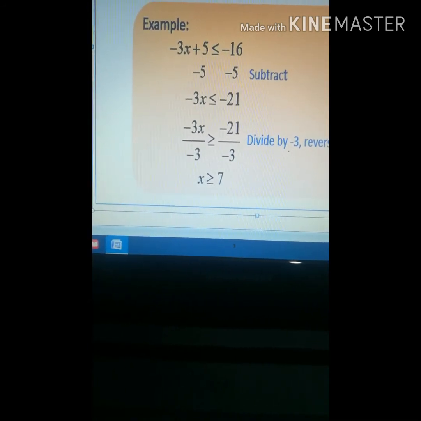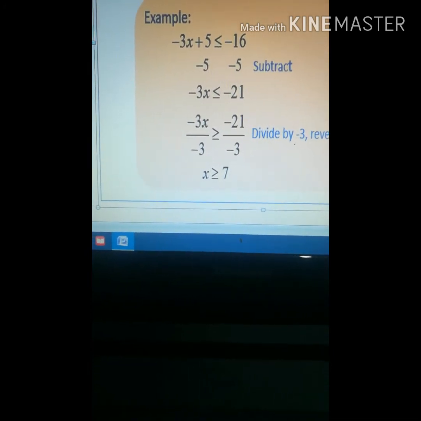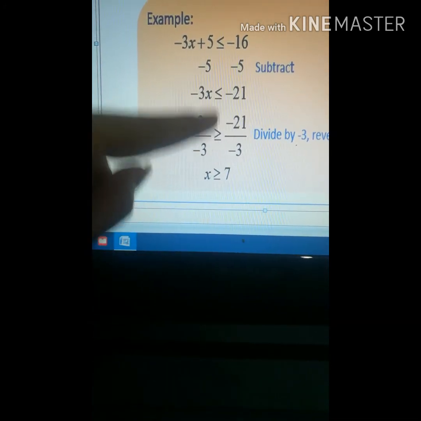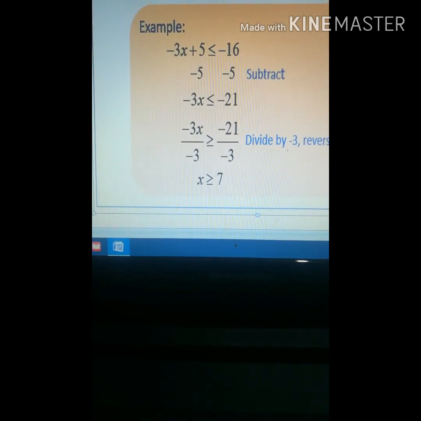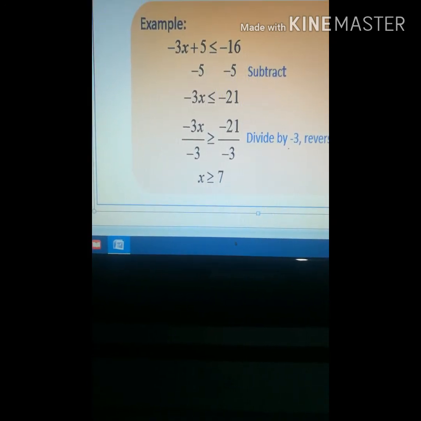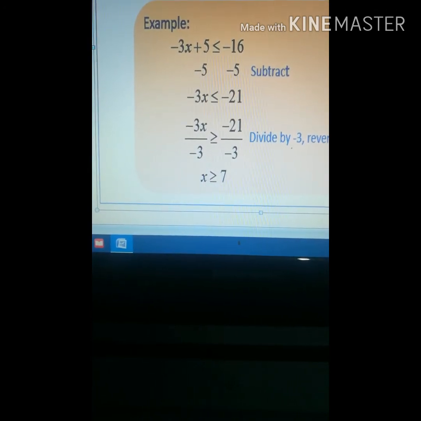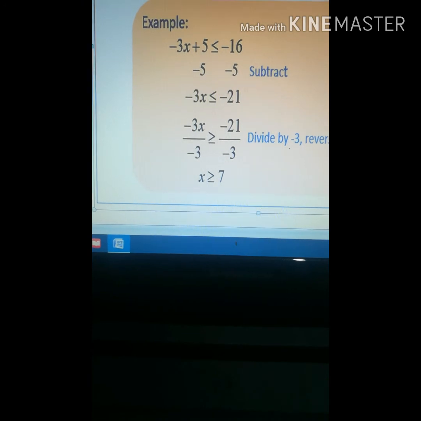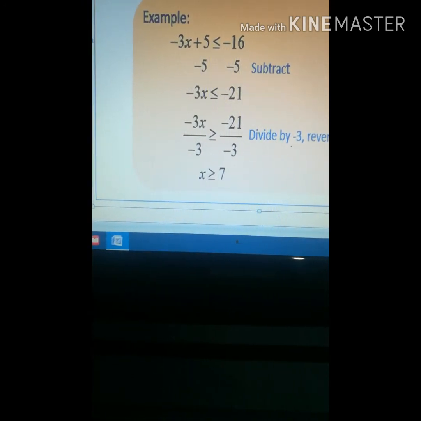Excellent, x is alone, x is isolated. Look at the sign. Why did we flip the sign? Again, if you divide by a negative number, you will always reverse the inequality symbol. So you flip it.